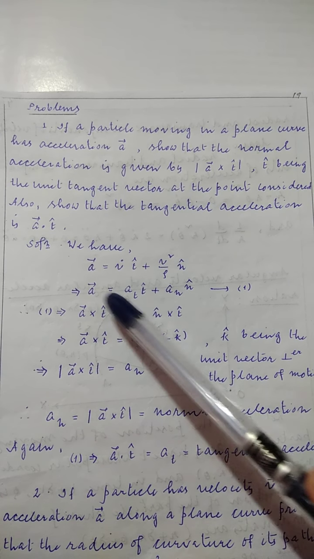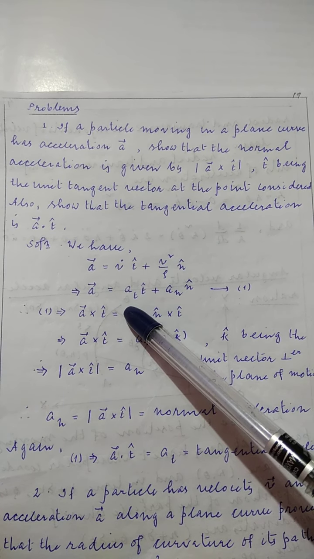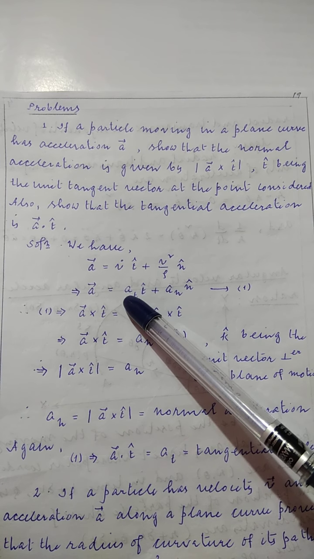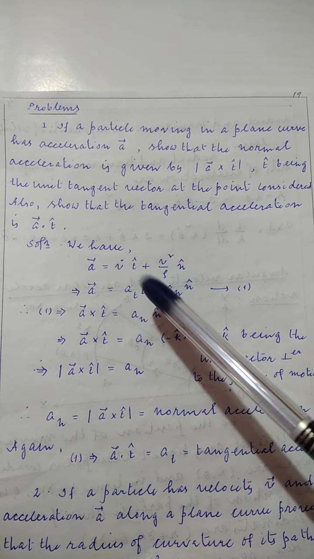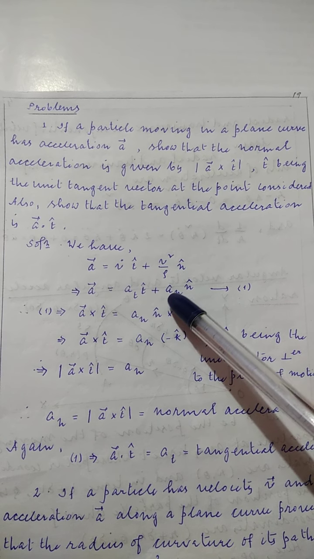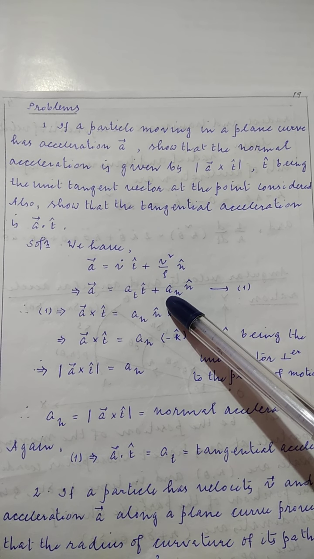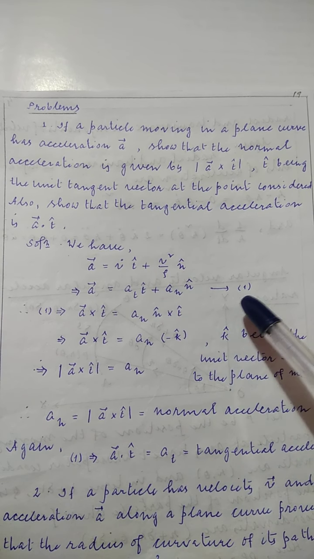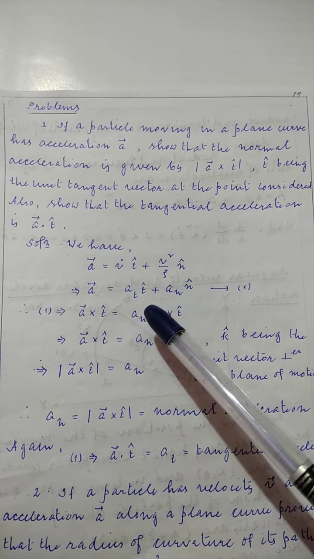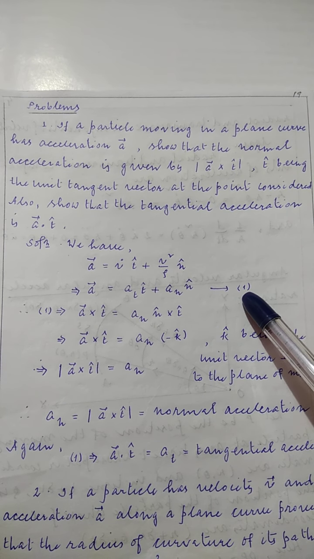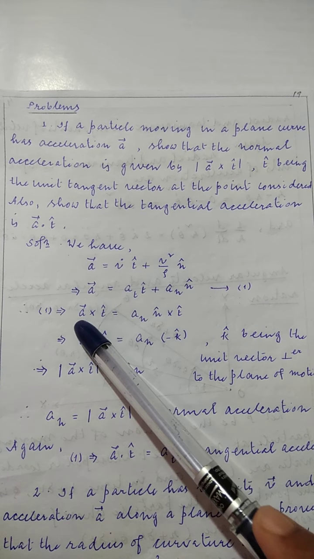So vector a we can express this way: it is a_t t cap, where a_t denotes the tangential acceleration, plus a_n n cap, where a_n denotes the normal acceleration. If we take the cross product of equation 1 with t cap, then we will get vector a cross t cap.